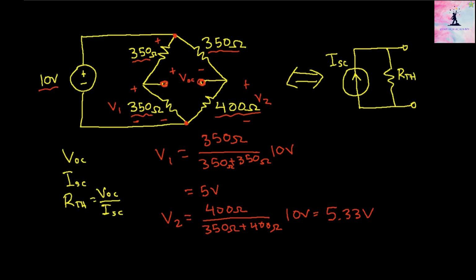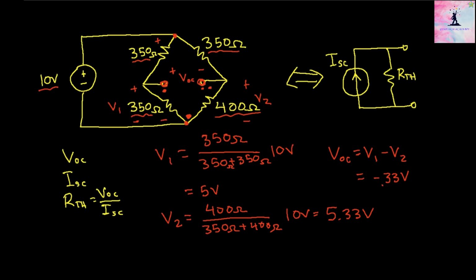And so the way I've defined this, my open circuit voltage is V1 minus V2. That is, the voltage from here to here is the voltage from here to here minus the voltage from here to here. When I work that out, I get minus 0.33 volts. So I've now got the open circuit voltage.